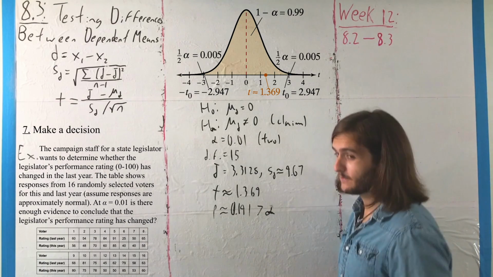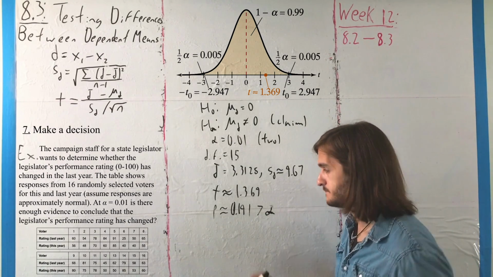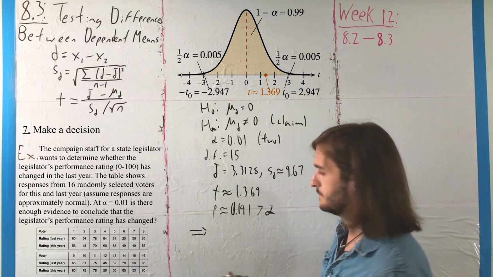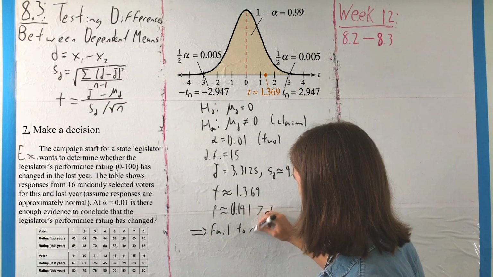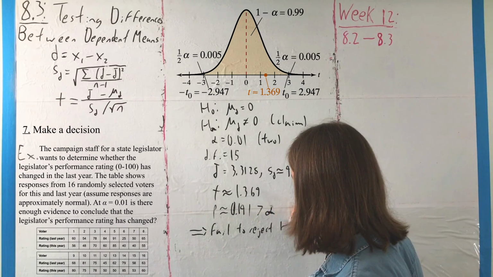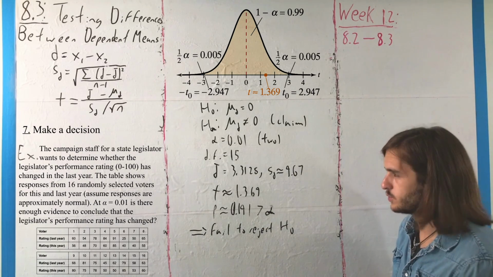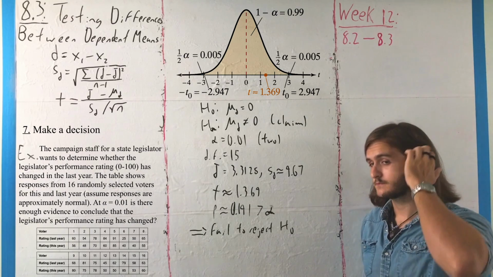Anyway, p is bigger than alpha. And because p is bigger than alpha, even though this is a different kind of thing we're testing, we still fail to reject the null hypothesis. This is maybe unusual, but not unusual enough to say that there's definitely some sort of change.